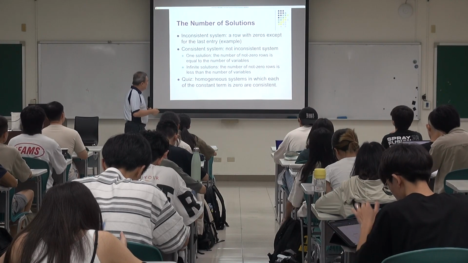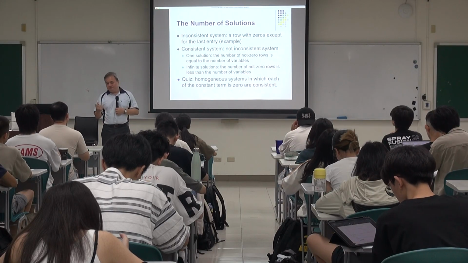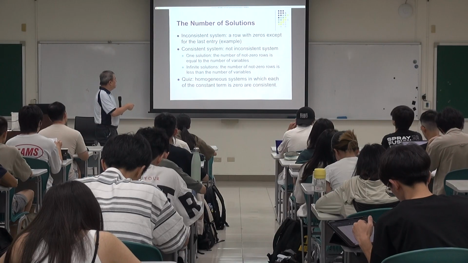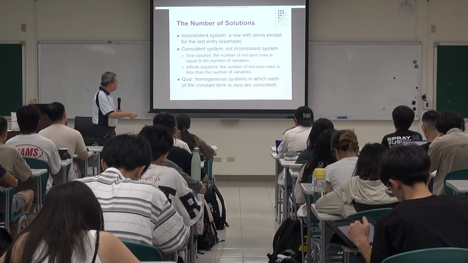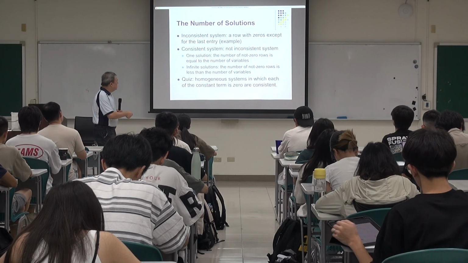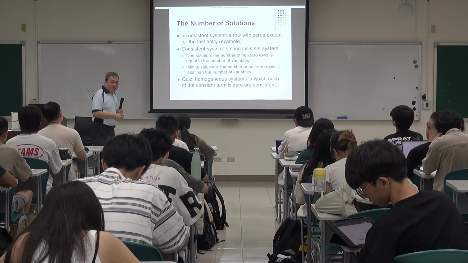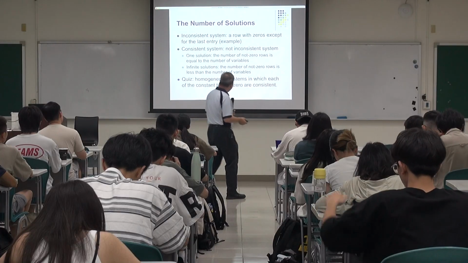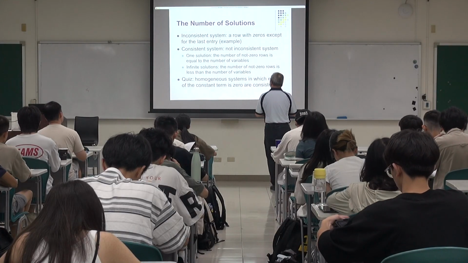If that's the case, we have exactly one solution. For infinite solutions, the number of non-zero rows is less than the number of variables. So this is how we identify the number of solutions.